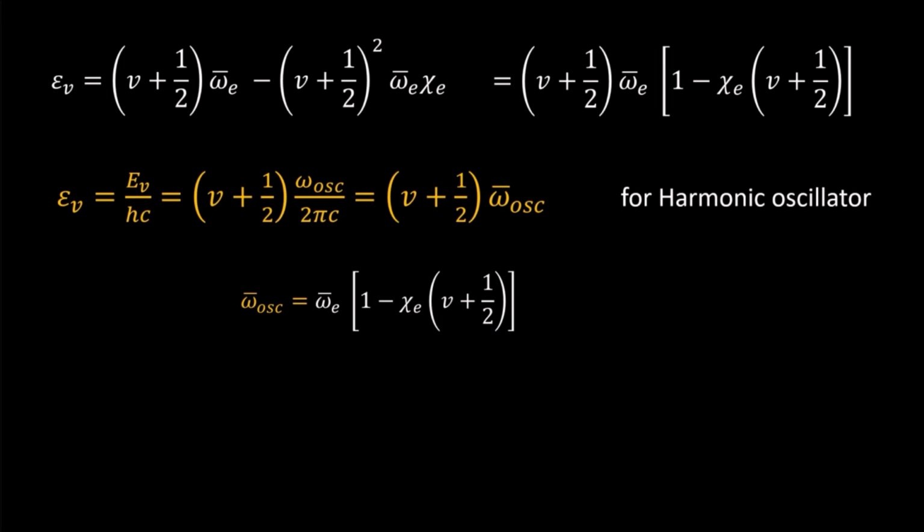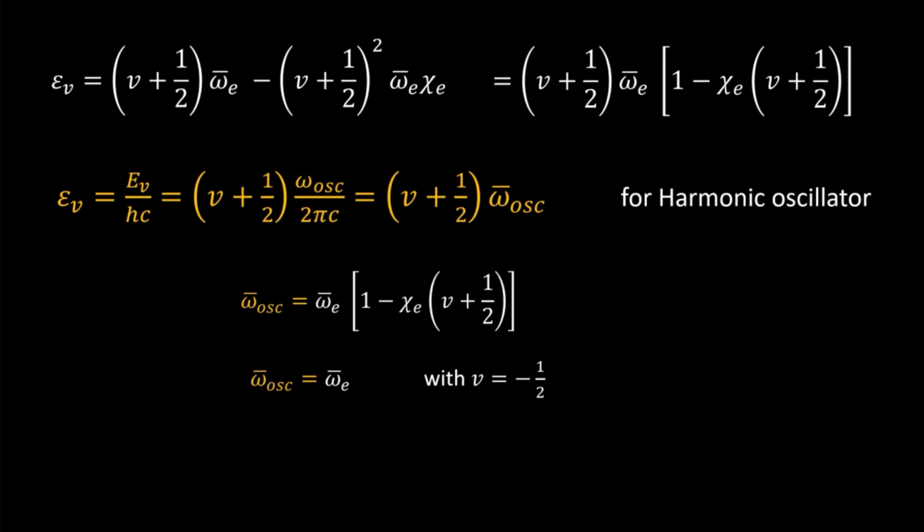If we consider a hypothetical energy state with v equal to minus half, we get omega oscillation bar equal to omega e bar. Thus, omega e bar can be considered as the equilibrium oscillation frequency of the anharmonic system.